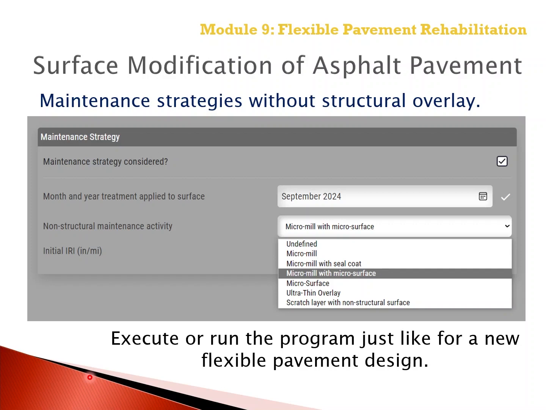We're going to use a non-structural overlay or non-structural surface treatment and or maintenance strategy to determine whether the existing or original flexible pavement will perform throughout the extended service life and meet all the performance criteria, which would be the same for a standard new flexible pavement design, as we discussed or considered in Module 6 for flexible pavement design.